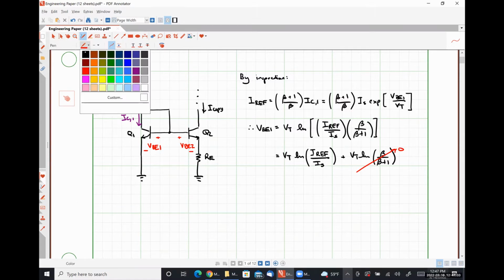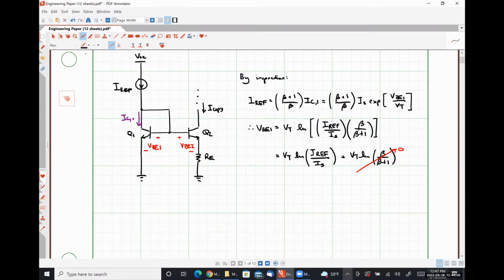Now let's look at our copy current. So I copy is simply IS EXP of VBE2 over VT, where I've made another assumption here. And that assumption is that transistors Q1 and Q2 are perfectly matched such that they have the same saturation current IS.